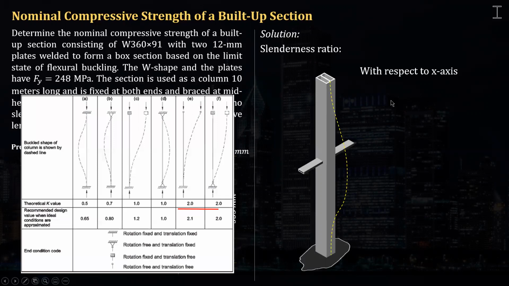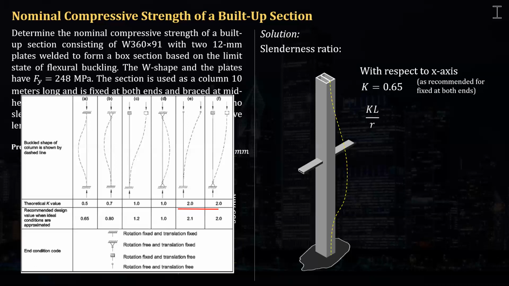So theoretically, the value of K, if the ends are fixed, must be equal to 0.5. But since we're asked to get the recommended design value, then we're gonna use K equal to 0.65, okay, for fixed at both ends. And of course, L is the total unbraced length with respect to the X axis. So that is equal to 10 meters.